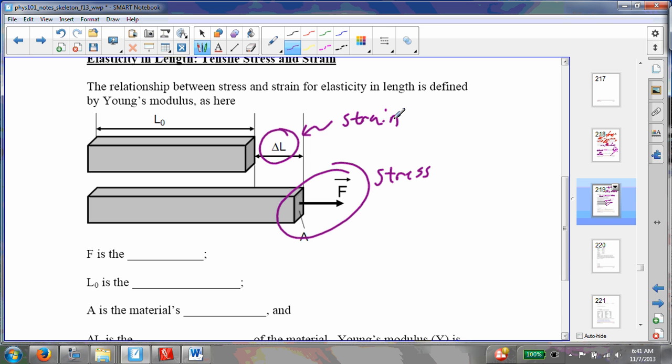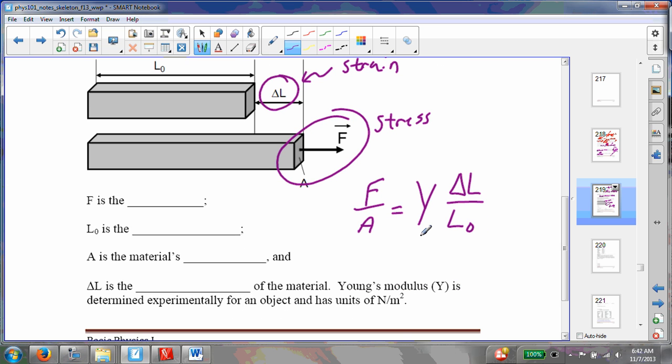It's actually stretching this material. So I have an equation to describe this. It is that the stress, which is F over A, is equal to the strain. The strain is delta L over L naught. And these are related by something called the Young's modulus, which is just Y.